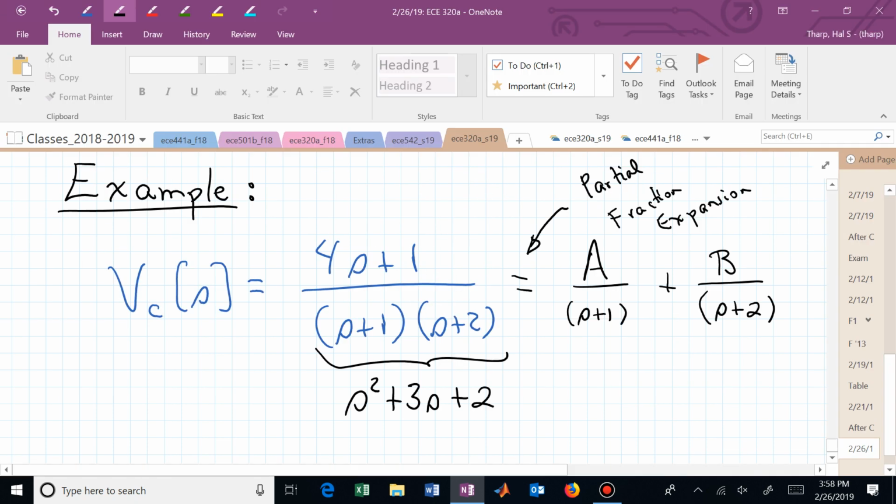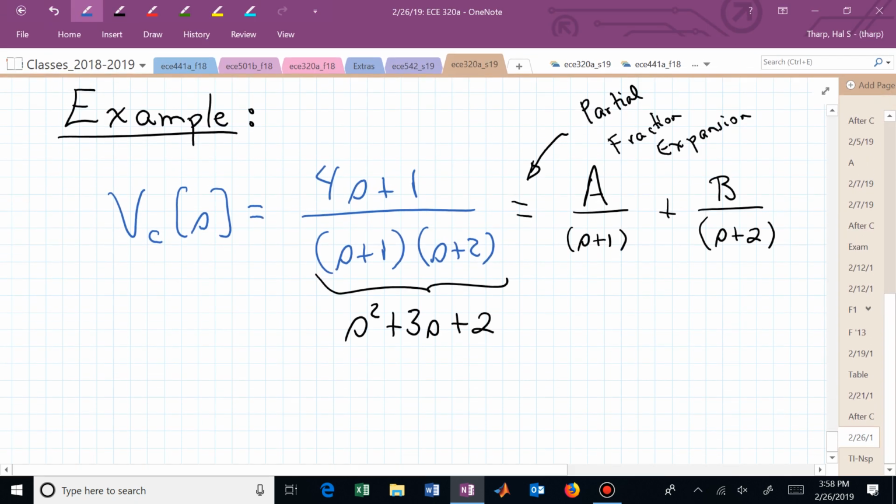Just knowing that we can write this as a combination of two terms, we can immediately write down the structure of our time domain answer, because we know what gives rise to a denominator that looks like s plus 1 in the time domain. The root that satisfies s plus 1 equal to 0 is the value of s that causes that factor to vanish.